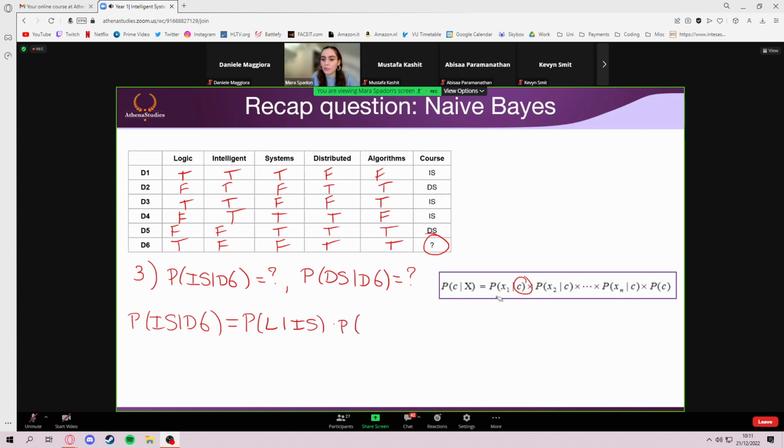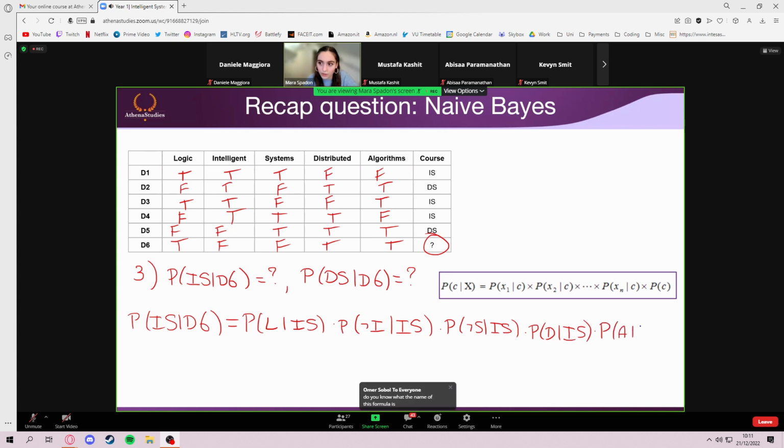Okay. So I think you mentioned it was for D6, right? So I think that was also said, given what is true or false in the D6 table. So that is indeed the case. So for intelligent, we have false. So we want to find the probability of not intelligent given IS times the probability of not systems given IS times the probability of distributed given IS and algorithms given IS.